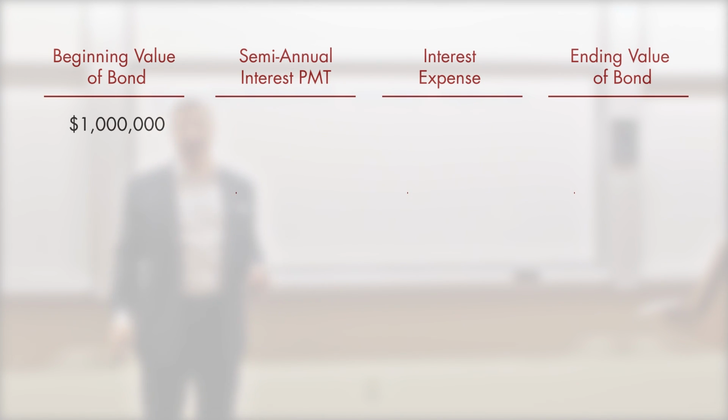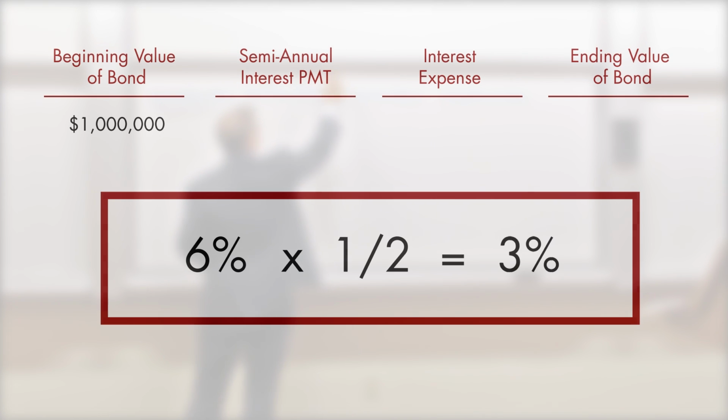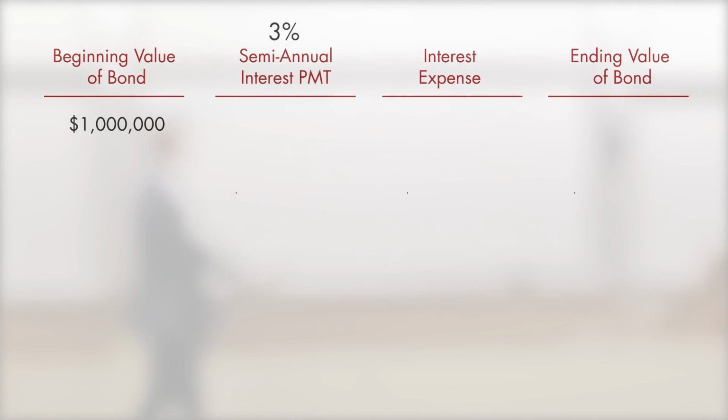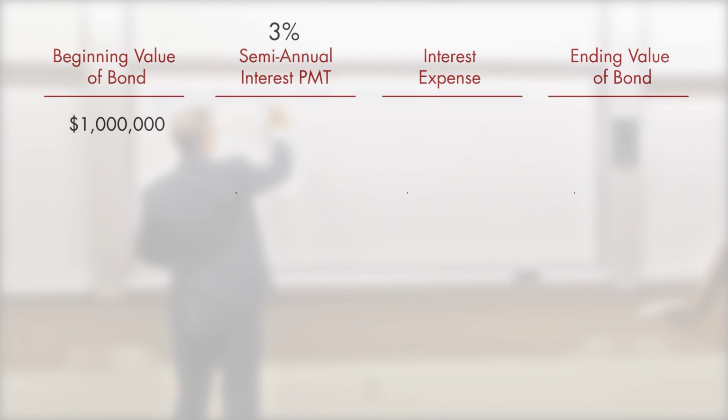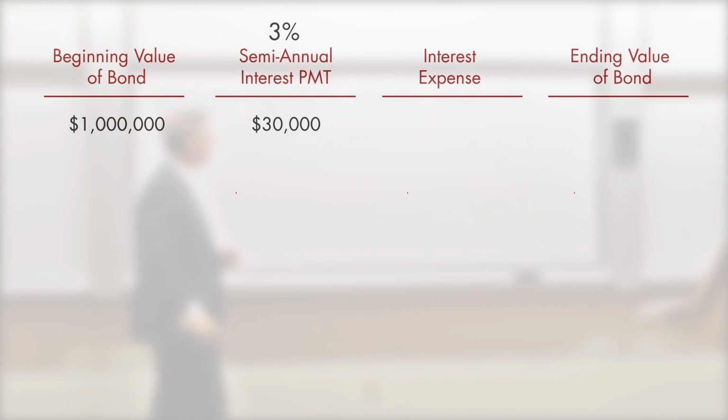This is how much cash is going out the door, and this is based solely upon the coupon rate. That is built into the contract of the bond. That is 6% per year, and we multiply that by a half year. So this is going to be 3% of the total. I know that in each semi-annual period, $30,000 is going to go out in cash. That's what's in my bond contract.